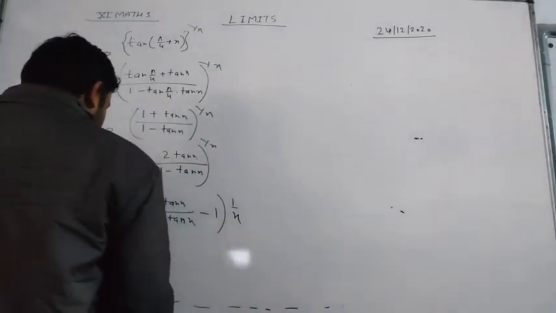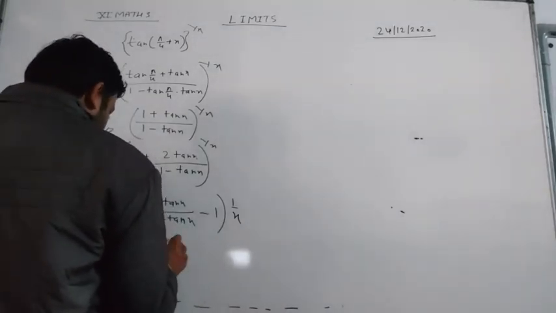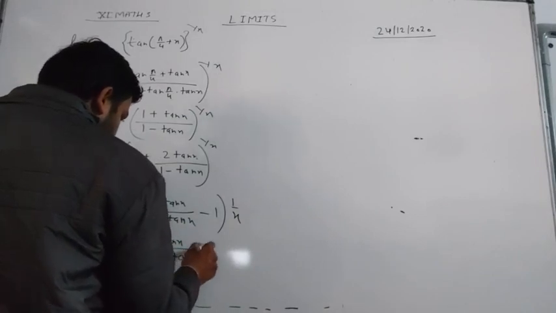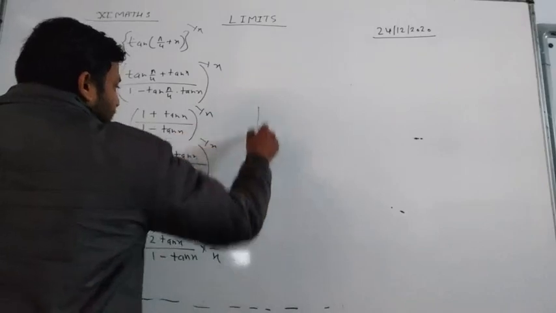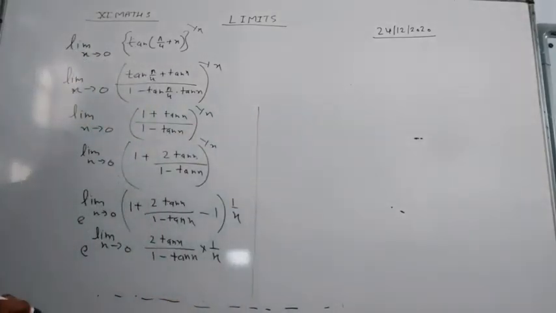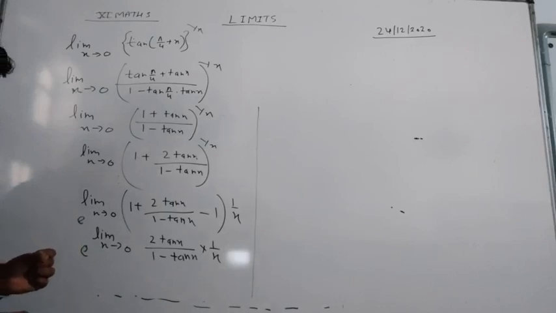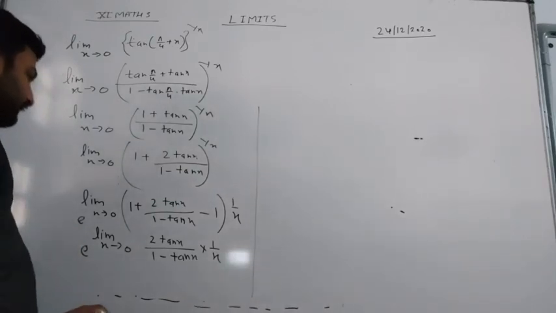The 1 is cancelled. Into 1 by x. So e to the power limit x tends to 0, 2 tan x by 1 minus tan x into 1 by x. Okay, student.